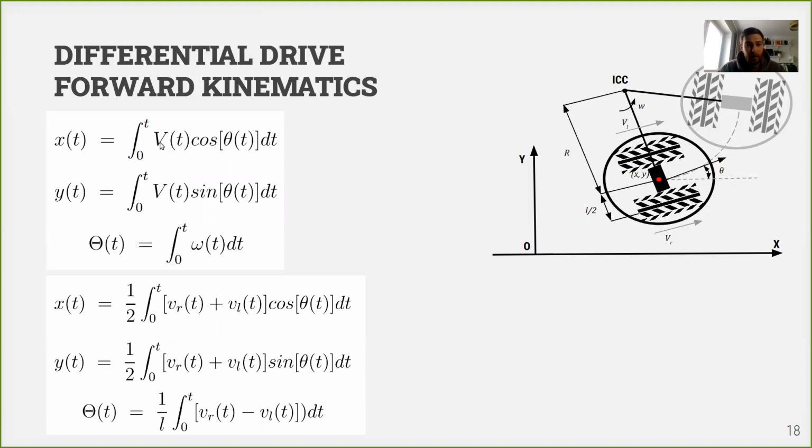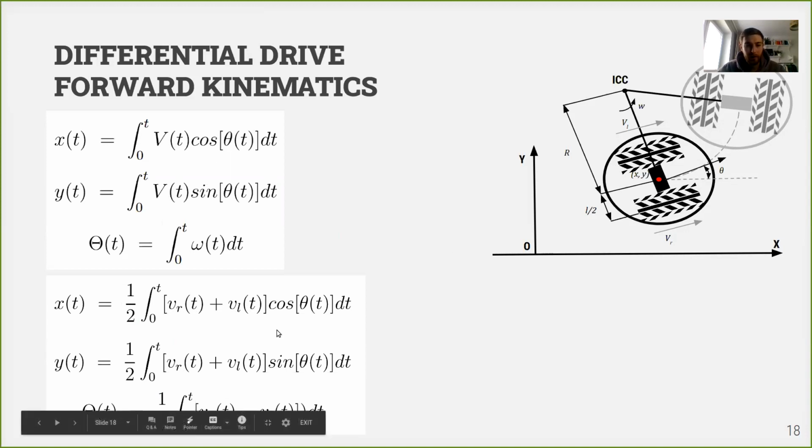And here, velocity, as you remember, we can compute having the velocities which we are actually controlling, the velocities of right and left wheel, divided by 2 to get the velocity of the center. And also omega we can compute knowing the speeds of our wheels.